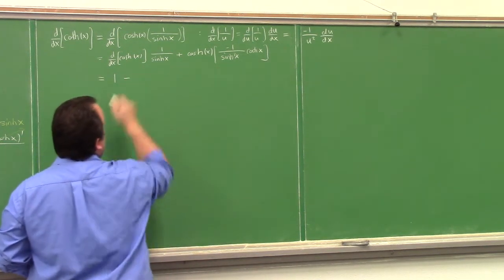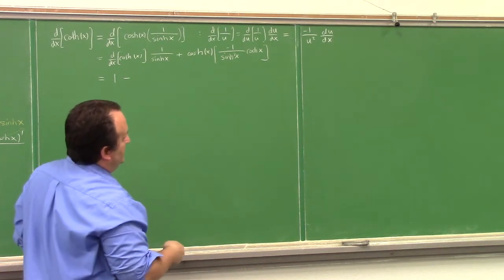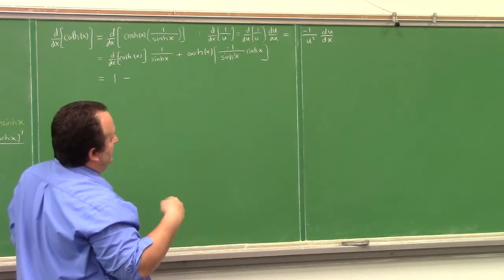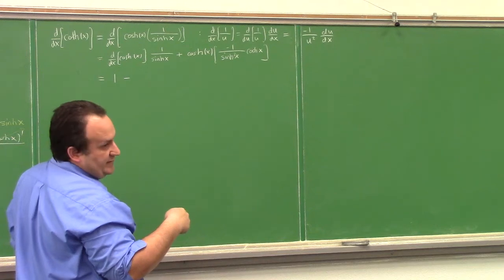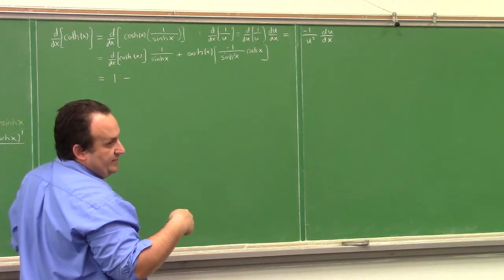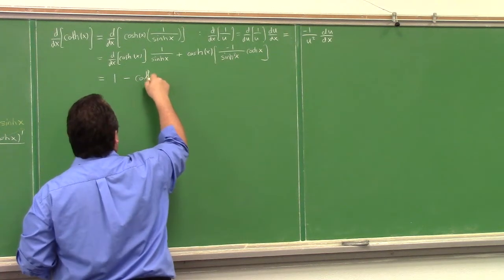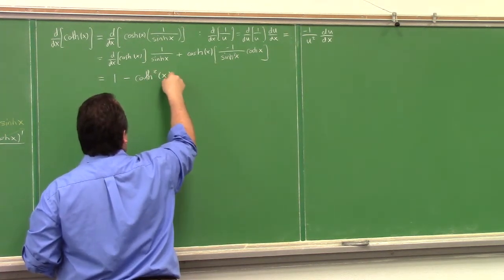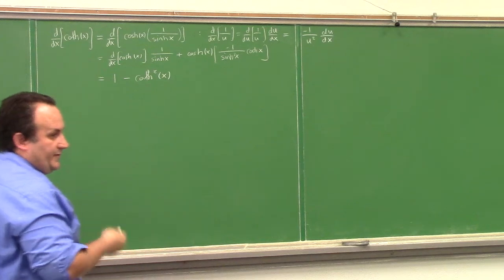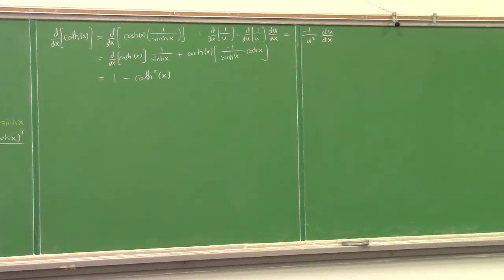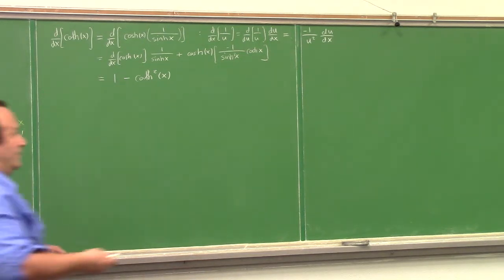Minus cosh squared over sinh squared, which is hyperbolic cotangent squared. But remember, what is 1 minus coth squared? 1 minus coth squared is minus hyperbolic cosecant squared.